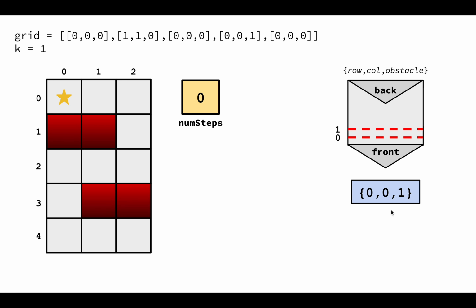So now when we dequeue our next element, we're going to increment num steps to indicate we must have taken at least 1 step. And again, we'll just process this element. So here we're looking at 0, 1, 1, so row 0, column 1, and we have 1 obstacle elimination left. Here are the 4 possible directions, and here are the valid ones.